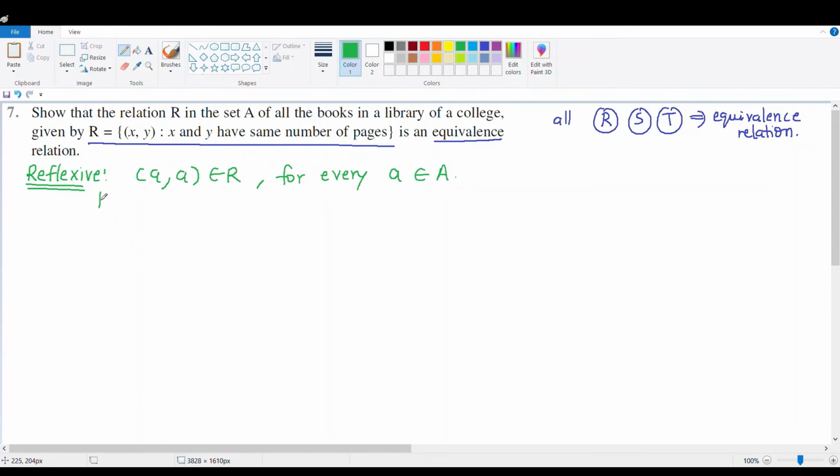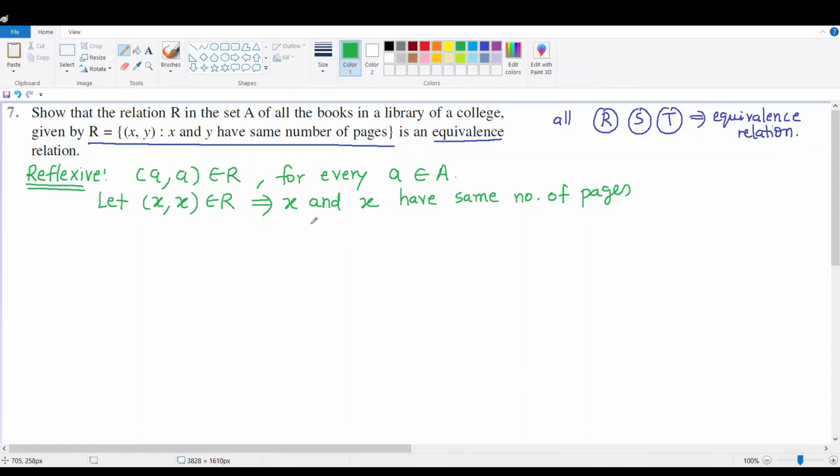Now let (x, x) belong to R. Right now we are assuming that A is equal to x. Now if A is equal to x, to be reflexive, (x, x) must belong to R. And from that condition, that x and y have the same number of pages, we can say that x and x have the same number of pages.